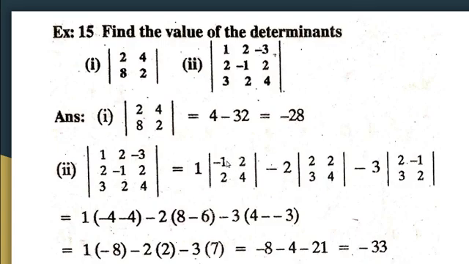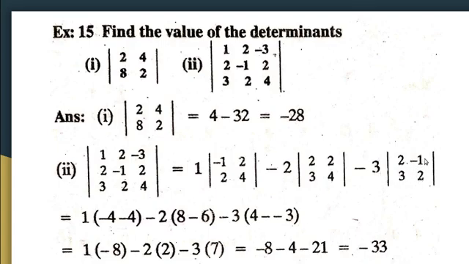You have to put a minus sign between the multiplying values. Minus 4, minus 4, 2 into 2, minus 4. Then minus 2, 2 into 4, 8, minus 2 into 3, 6. Then minus 3, 2 into 4, 2 into 2, 4.